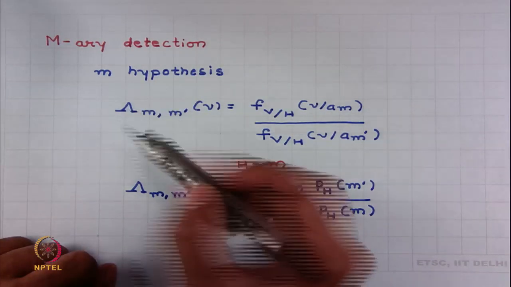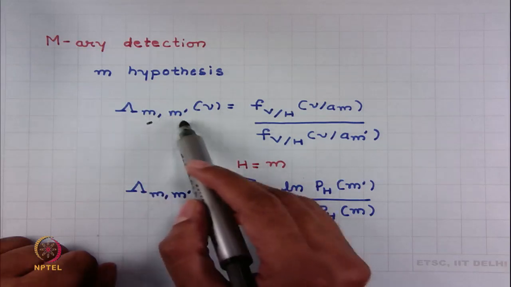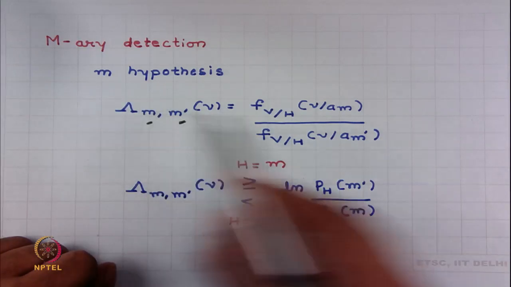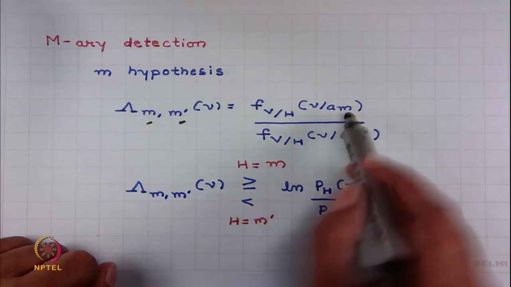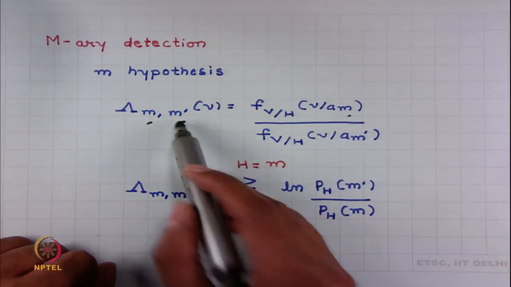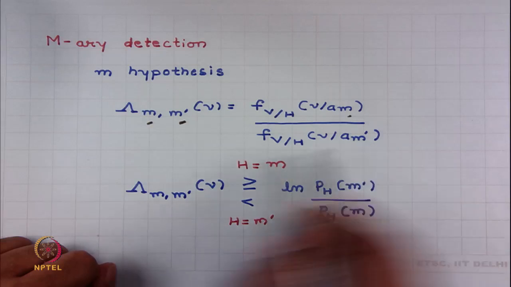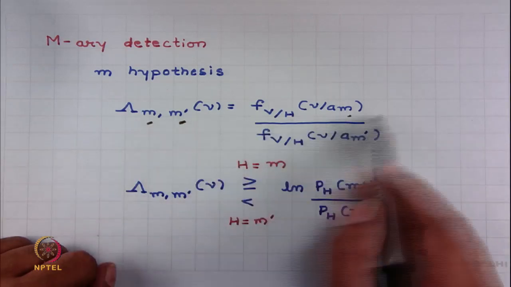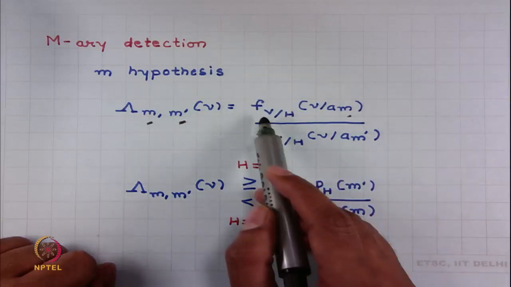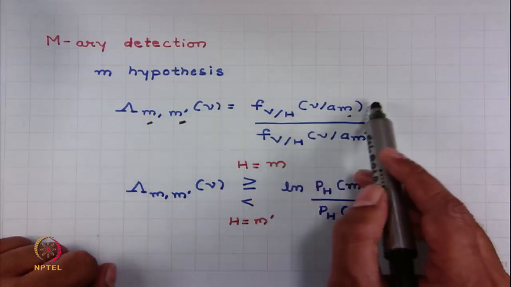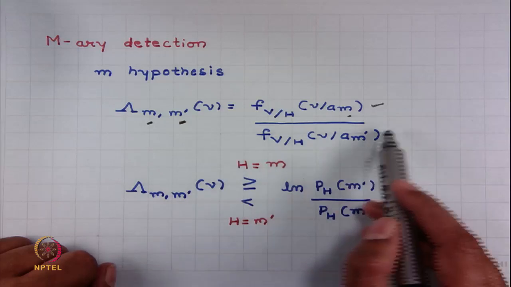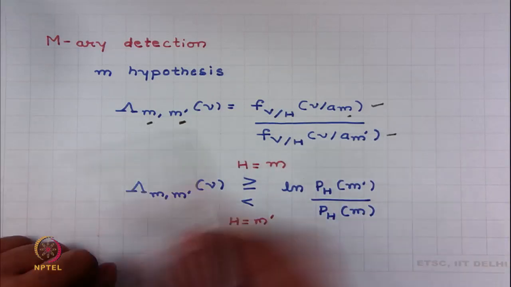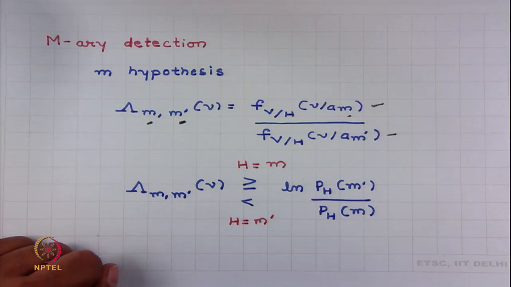So, you can compare, for example, M with M', where for hypothesis M we transmit a signal A_M, and for hypothesis M' we transmit a signal A_M', and the likelihood ratio of M and M' can be given by this. It is the ratio of the likelihood when A_M is transmitted divided by the likelihood when A_M' is transmitted.